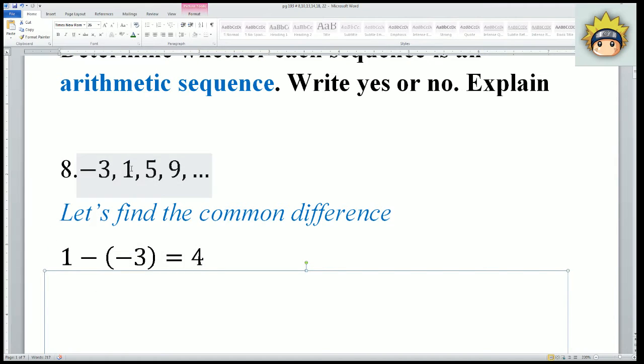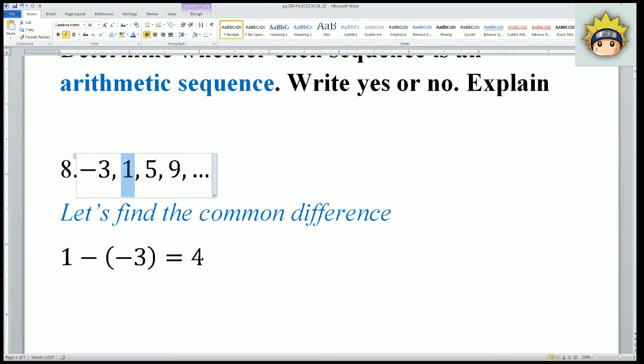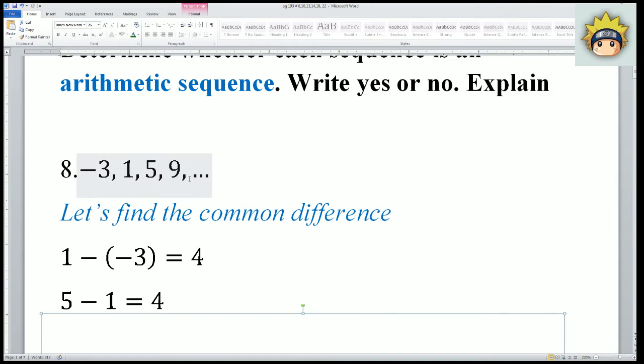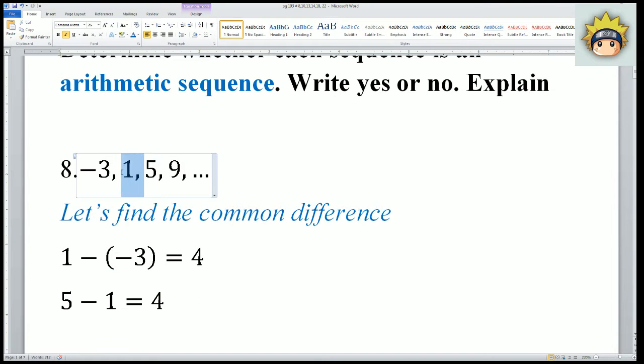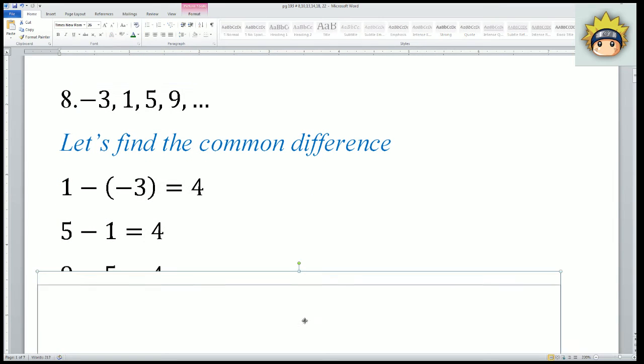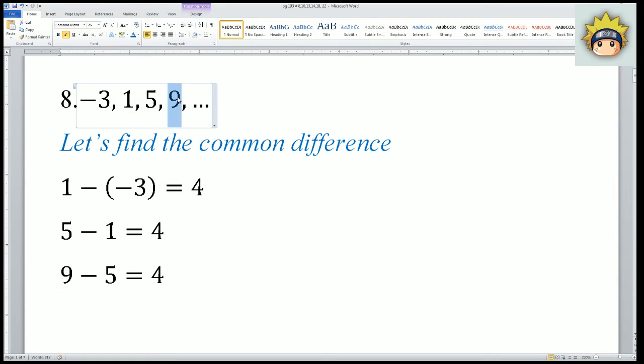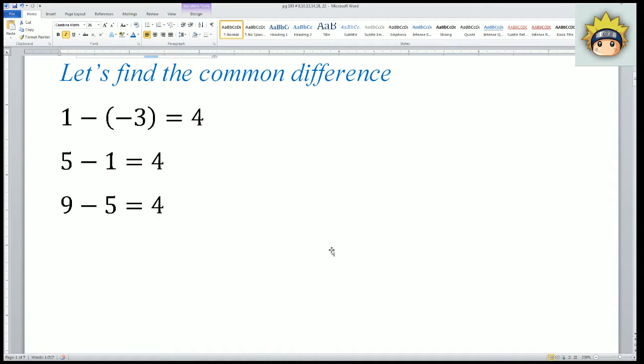To find the common difference, you do 1 subtract -3, right? The second element minus the first element, which is 4. Then I do the third element minus the second element, 5 minus 1 is also 4. And the fourth element minus the third element is also 4.